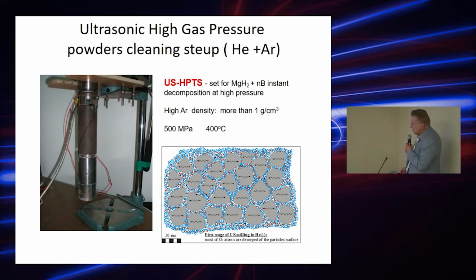You can decompose under high pressure using an ultrasonic high energy head. And you can strip the gases which are on the surface of the grains, and exchange the gas on the grains by helium stripping, protected by the high pressure of argon inside. So the material is very, very pure.